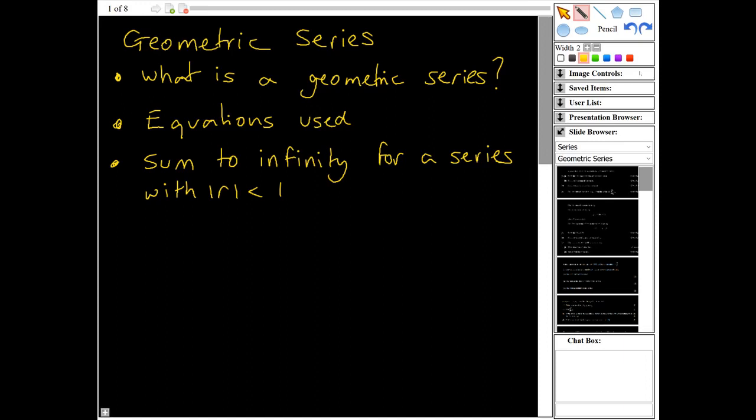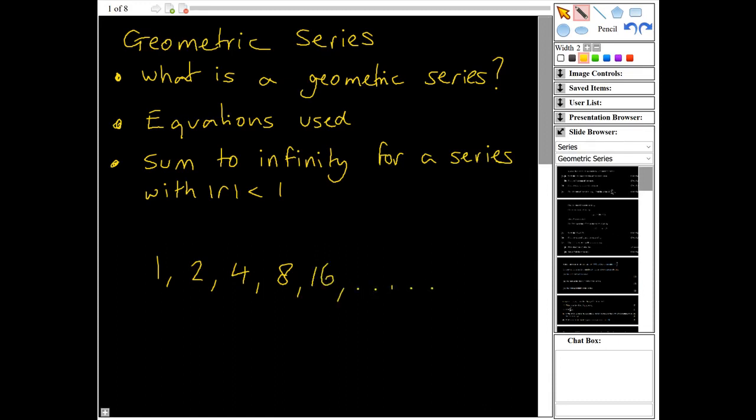Okay, so to get started, what is a geometric series? So a geometric series is a series of numbers whereby instead of always going up by the same amount, the term to term goes up by the same ratio. So for example, we could have 1, then 2, then 4, then 8, then 16, and so on.